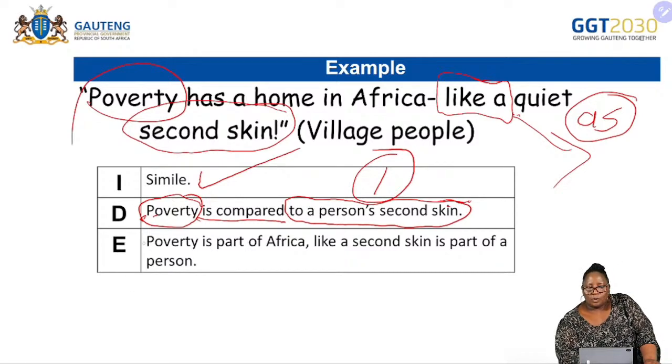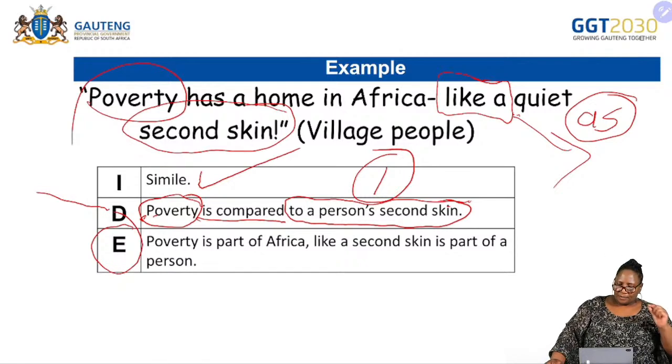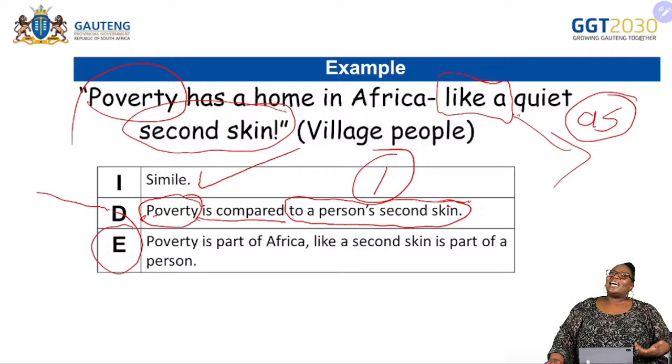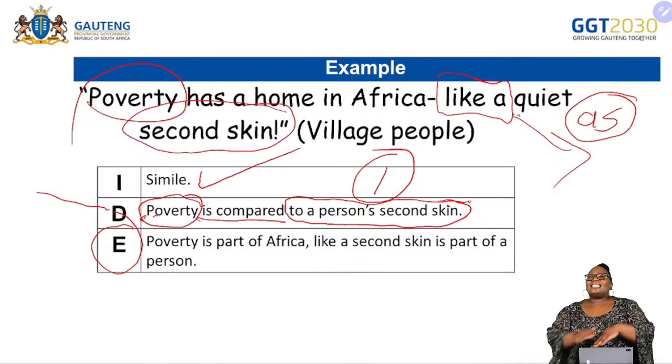Lastly, the D, we said it stands for description. E, you give an explanation. Poverty is part of Africa. And if it is part of Africa, it is like a second skin, which is part of a person.